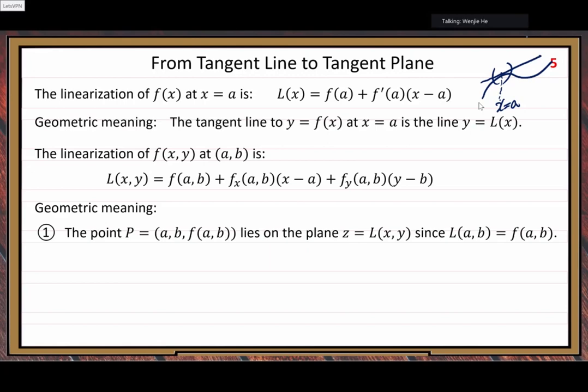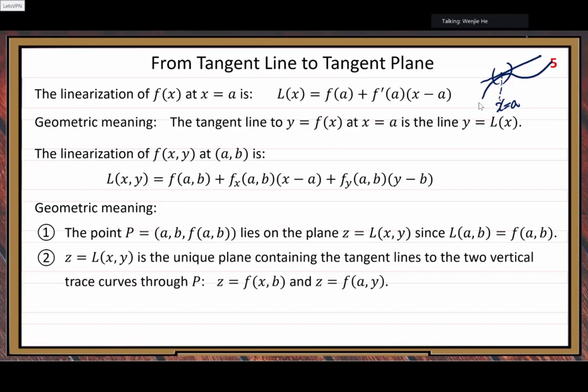And the plane equation is z equals capital L of x, y. That's the plane equation. Second property: this plane is the unique plane containing the tangent lines to the two vertical trace curves through P. The first vertical trace curve, the second vertical trace curve, and two tangent lines.